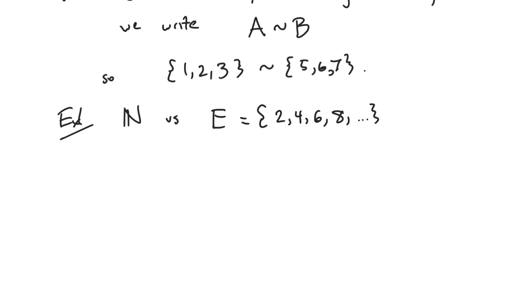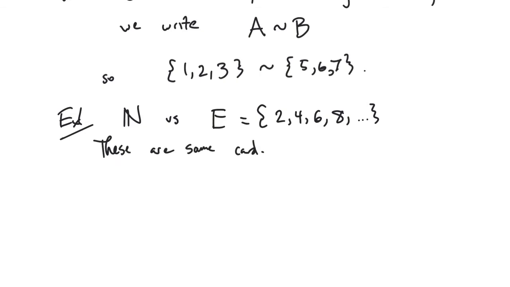Informally, that means are they the same size, or is one bigger than the other? It turns out they do have the same cardinality. Even though E is a subset of N, in that sense E is smaller than N because all the stuff in E is also in N. But actually, they have the same cardinality.